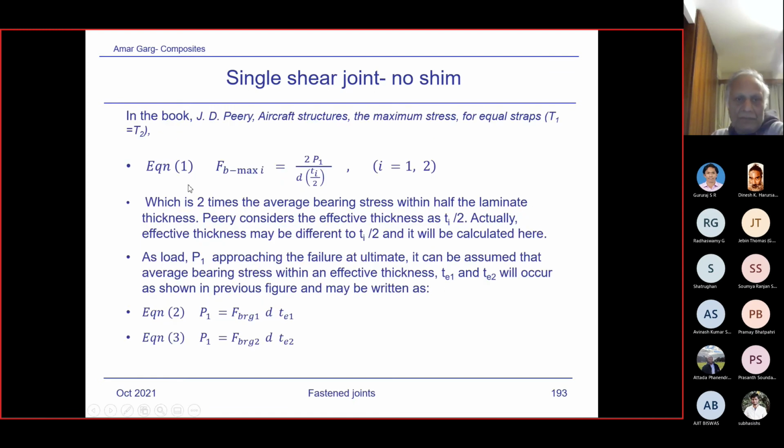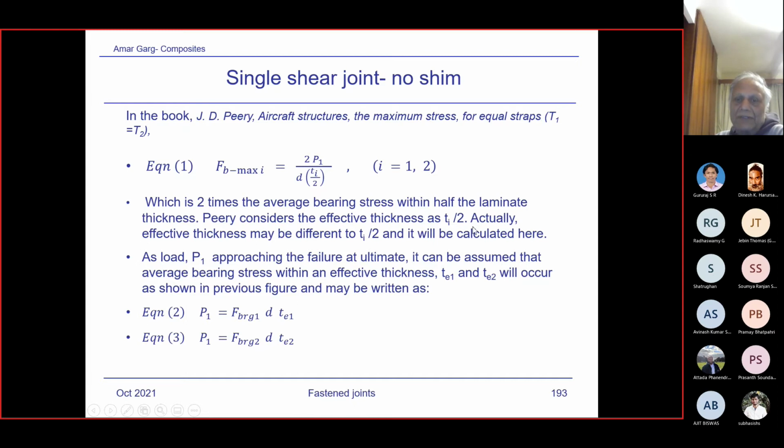So we write the equation FB maximum, which is maximum stress, is equal to 2P1 upon D Ti by 2, which is 2 times the average bearing stress within half. So average bearing stress is P by dt. But we are considering, okay, it's a triangular distribution, so we consider double of that, which is 2 times the average bearing stress within half the laminate thickness.